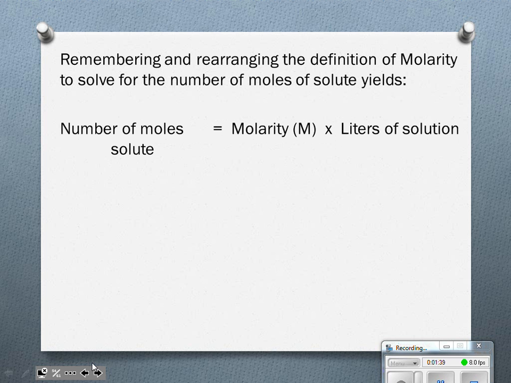So by rearranging my equation, I come up with this equation. The number of moles of solute is equal to the molarity, capital M, times the liters of solution.